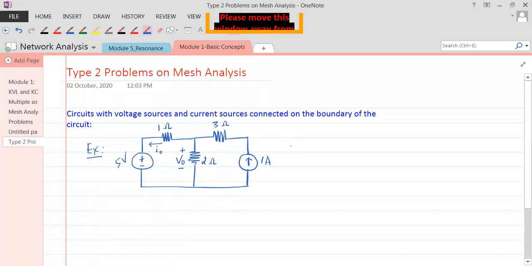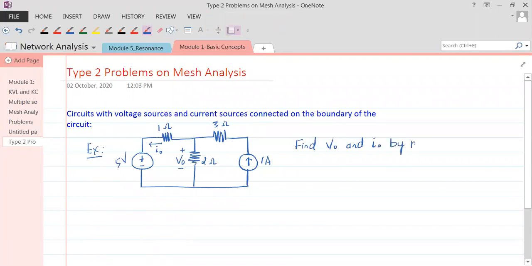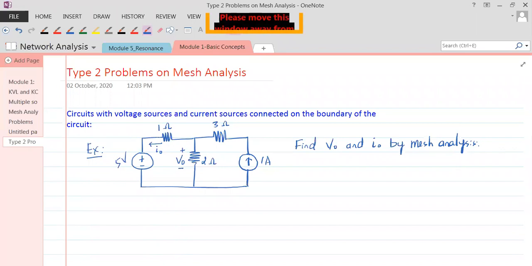So the question goes like this: find V0 and I0 by mesh analysis. By mesh analysis is something that we need to understand.